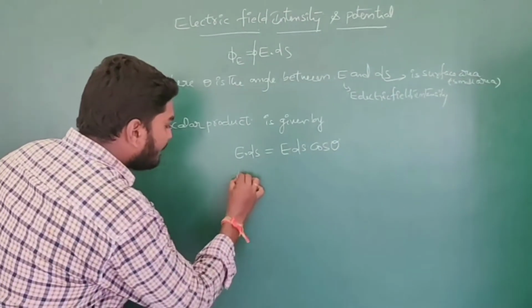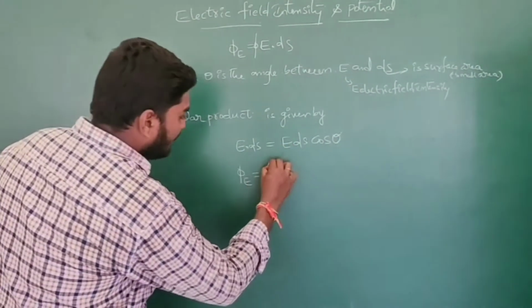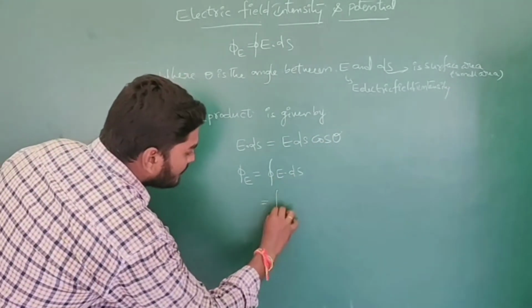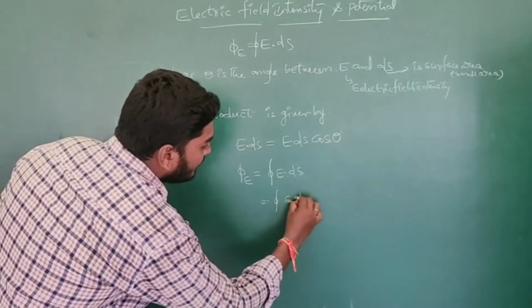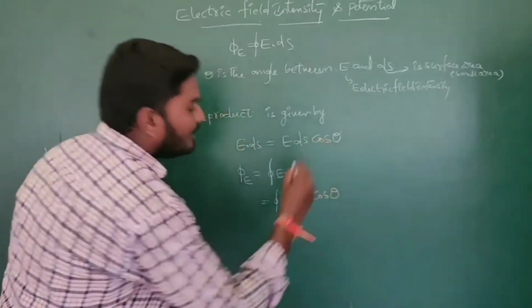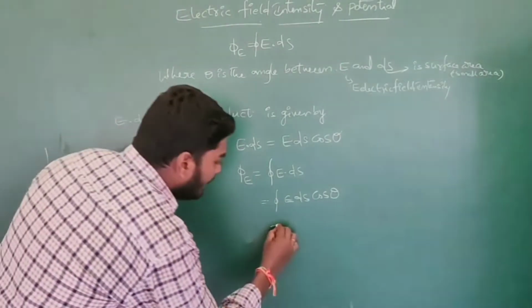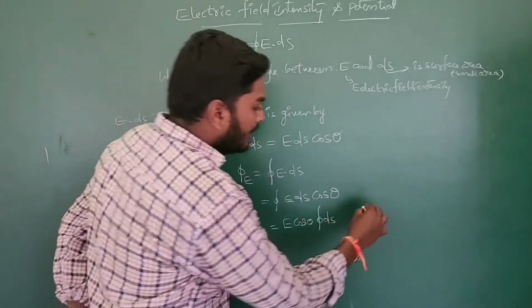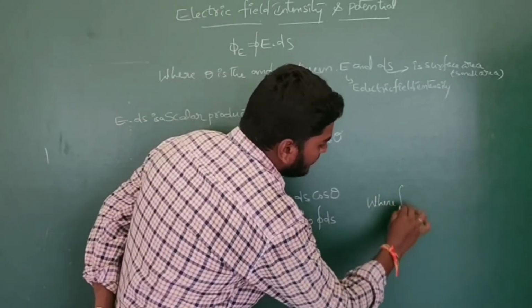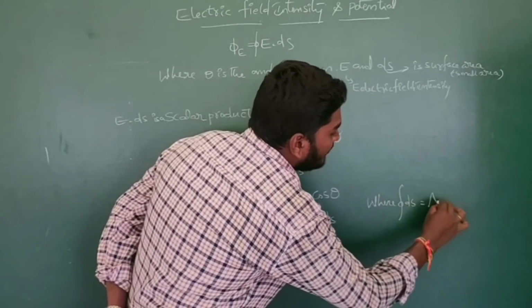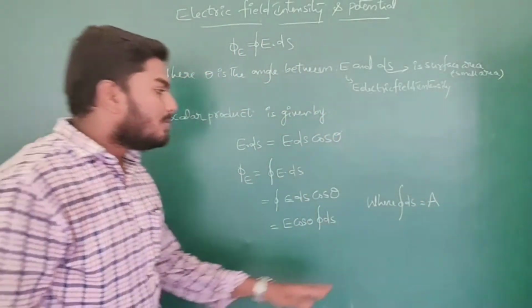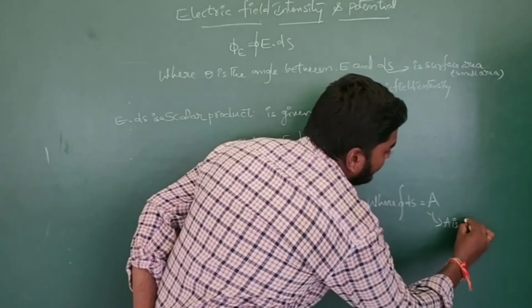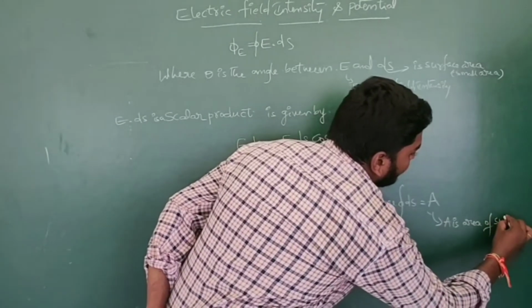Now electric flux phi equals the surface integral of E dot ds. Substituting, the surface integral of E ds cos theta equals E cos theta times the surface integral of ds, where the surface integral of ds is nothing but A, the area of the surface.